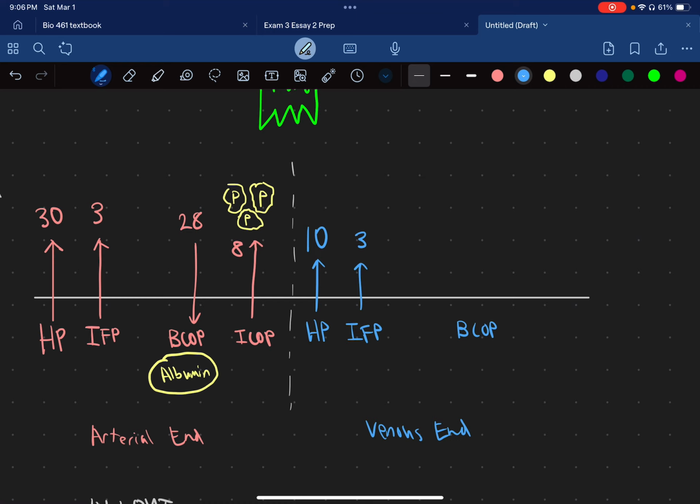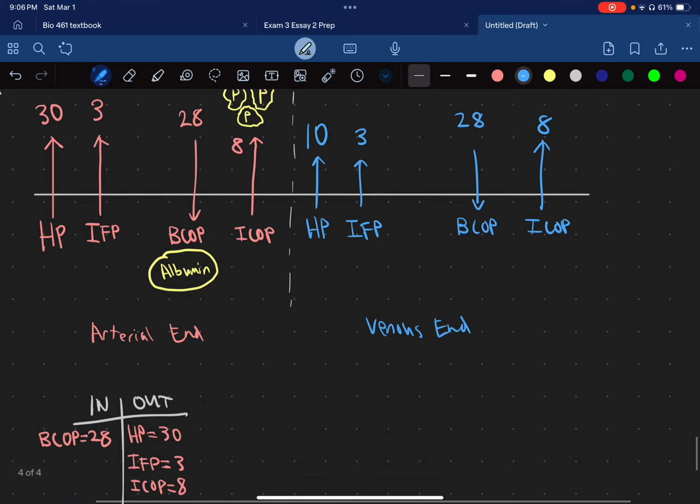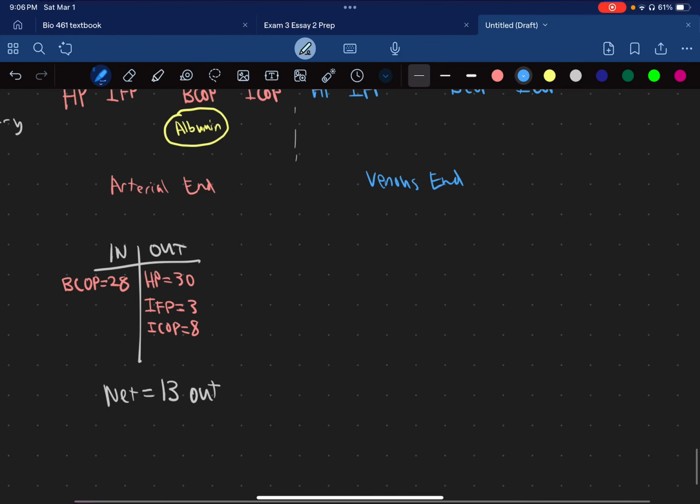Our BCOP is still going to be 28 into the cell. And our ICOP is still going to be 8 out of the cell. So if we do the math here, with our in and out graph, in, out, our BCOP is still 28.